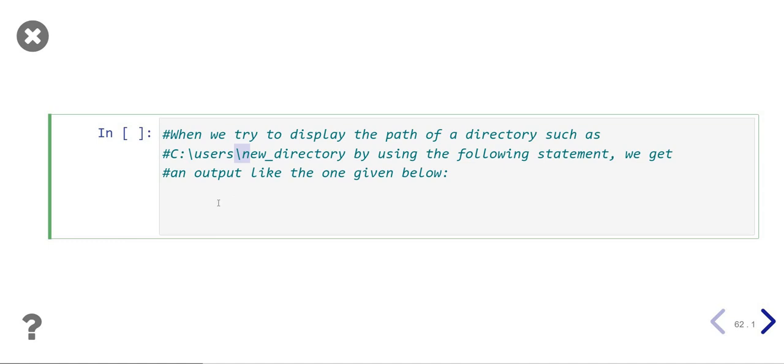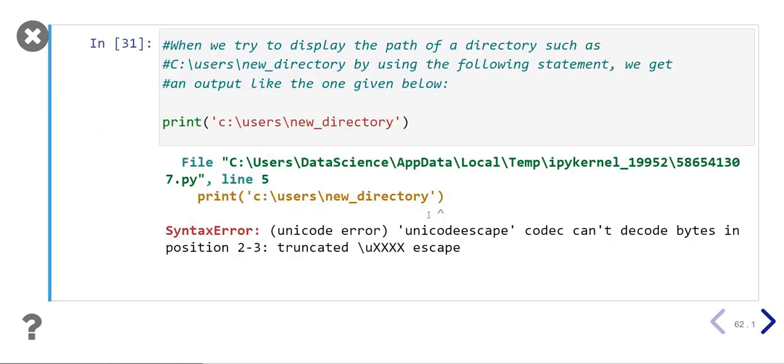So what happens? Let's say you print, in single quotes, C colon backslash new directory, right? This is the directory, for example. So put this one in. What happens?